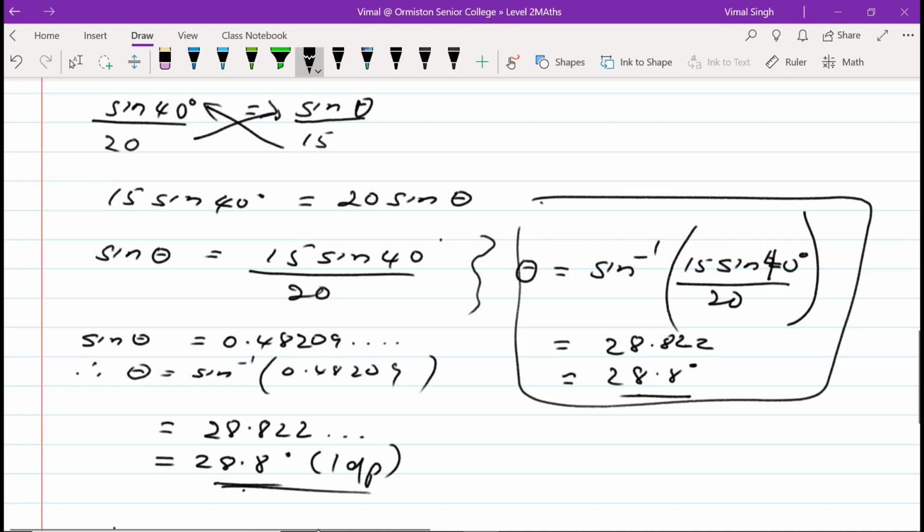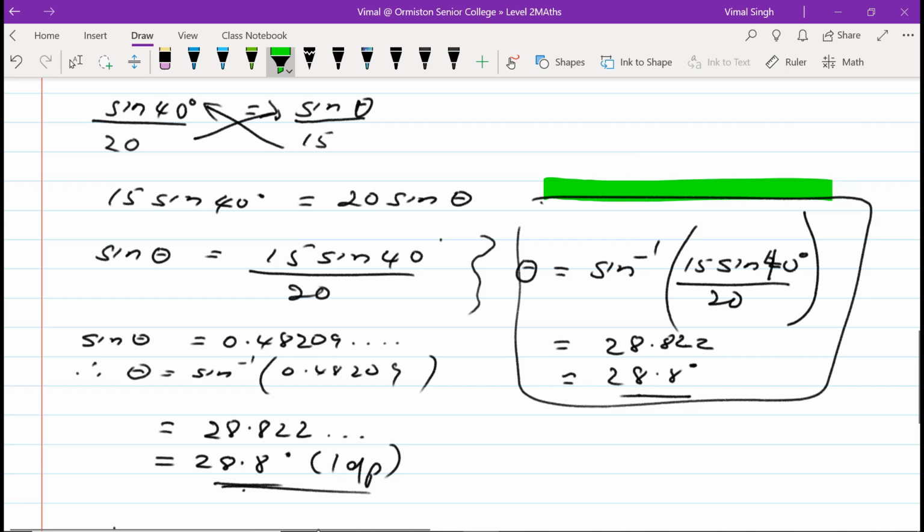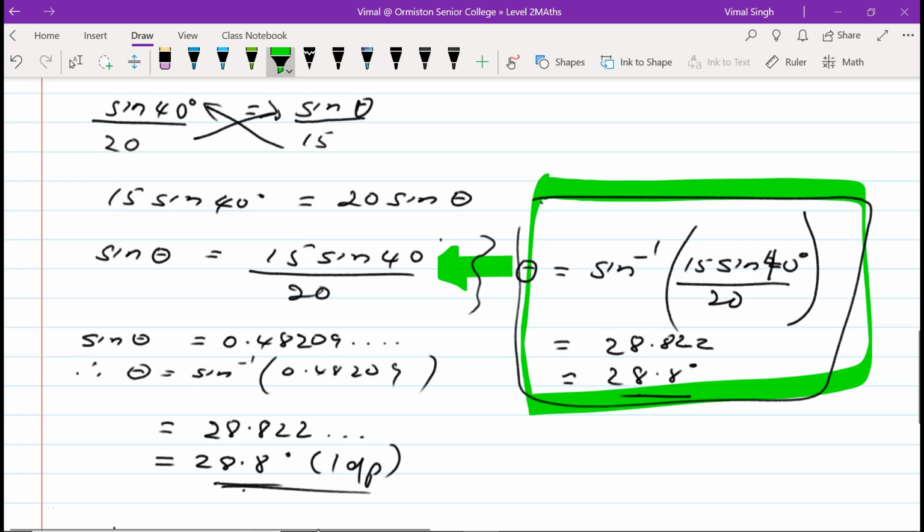However, if you have a look at the thing that I have marked in green, from here you could have actually written theta is equal to sine inverse of that bit down there, and you will end up with this particular answer, which is 28.8 degrees.